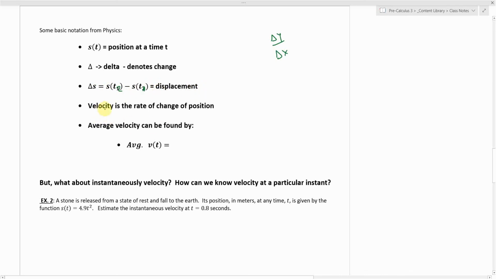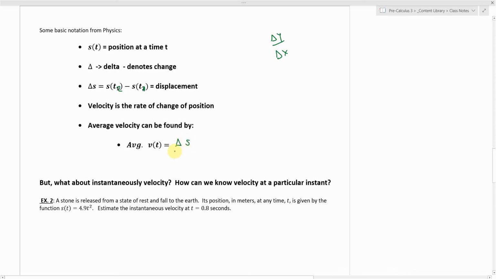Okay, you're familiar with the idea of velocity. Velocity is the rate of change of position. That is both a magnitude and direction, so positive 30 miles per hour or whatever, but you can have negative velocity as well. But that's just the rate of change of position. So that would mean that average velocity can be found by taking your change in position divided by your change in time, right?